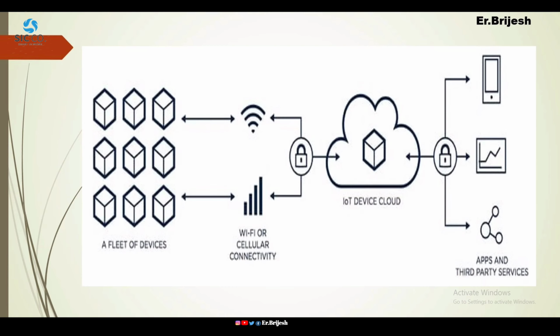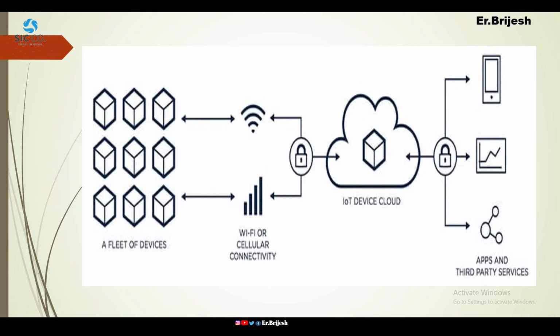You can see in the diagram where the IoT platform is used: the IoT device cloud is the IoT platform acting as a mediator between a fleet of devices and apps and third-party services, which can be your laptop, your mobile phone, anything. So these were the services, and with the diagram the whole concept is clear.